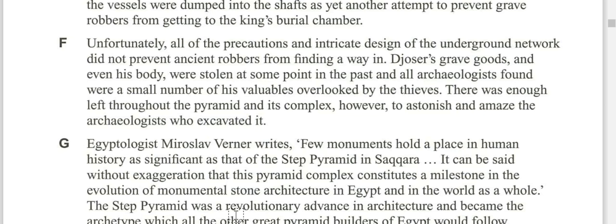It can be said without exaggeration that this pyramid complex constitutes a milestone in the evolution of monumental stone architecture in Egypt and in the world as a whole. The step pyramid was a revolutionary advance in architecture and became the archetype which all the other greater pyramid builders of Egypt would follow.